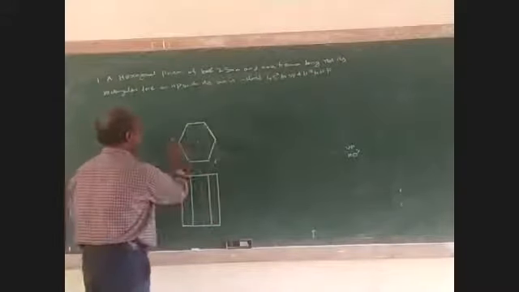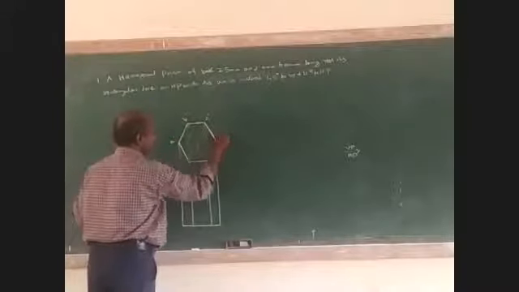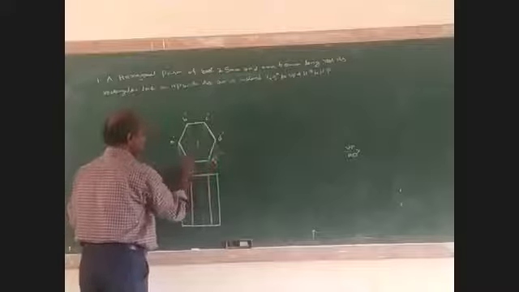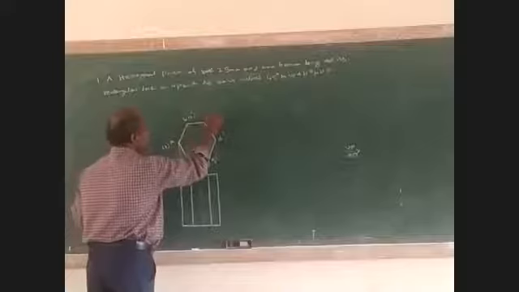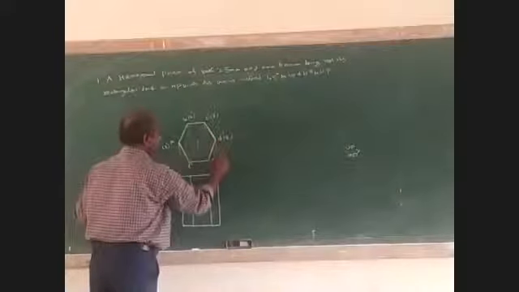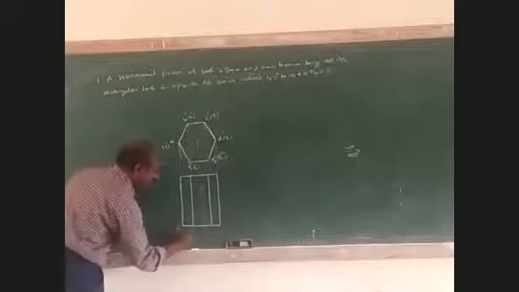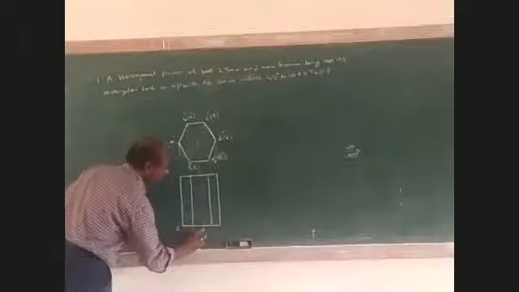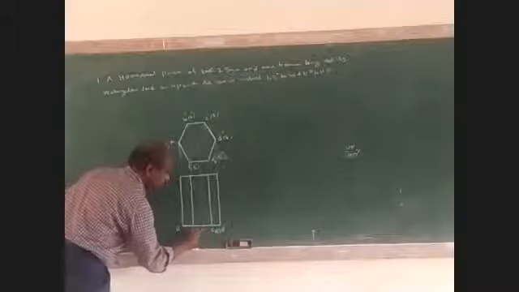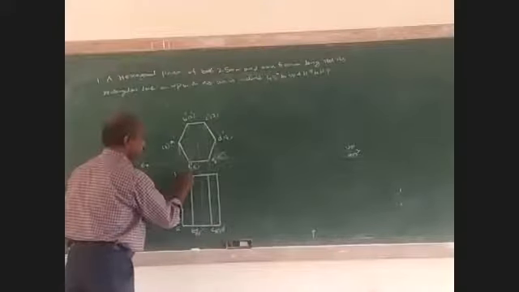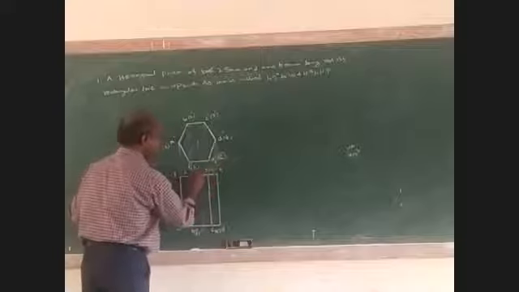Okay, then you have to name them. A dash, B dash, C dash, D dash, E dash, F dash. 1 dash, 2 dash, 3 dash, 4 dash, 5 dash, 6 dash. Similarly, you have to name it. A, B, C, D, E, F. 1, 2, 3, 4, 5, 6.